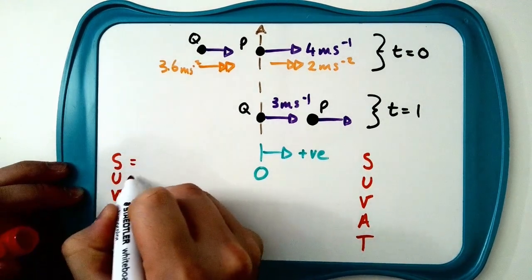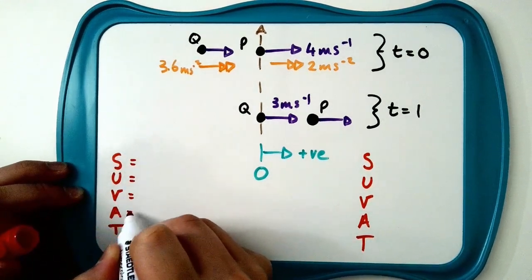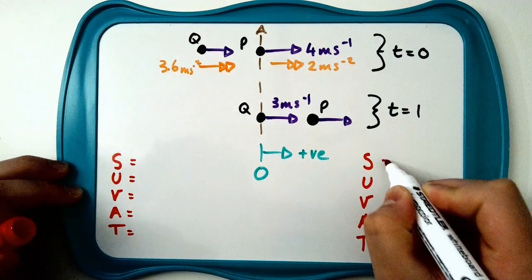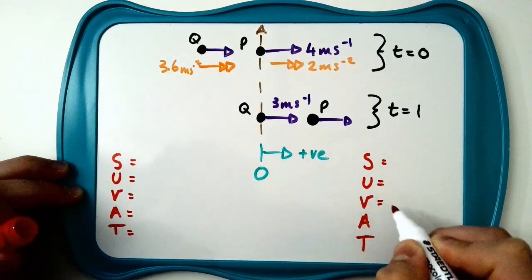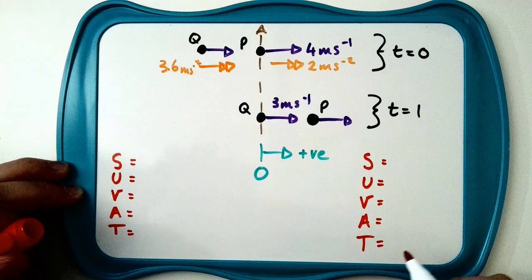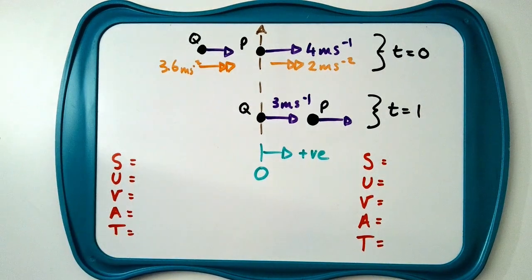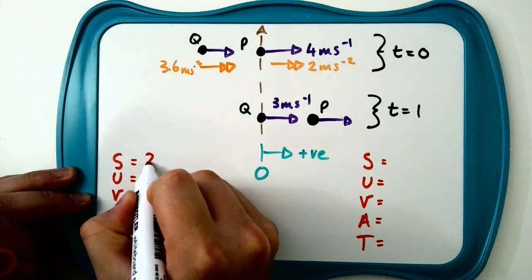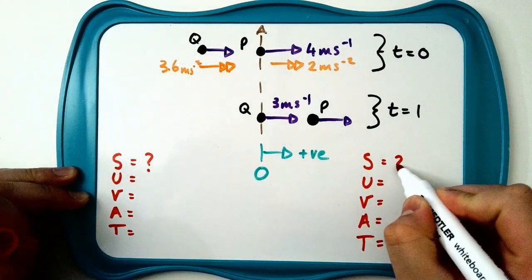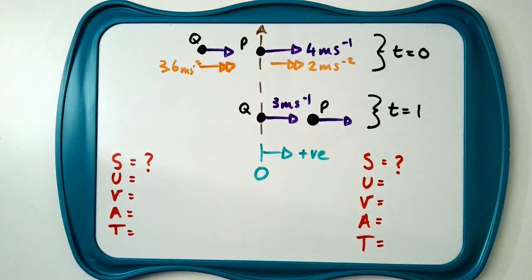Now, what the question is asking us for is an expression for displacement. So that's kind of our answer. So I'm going to put a question mark on the S's, because that's what we want to find out.